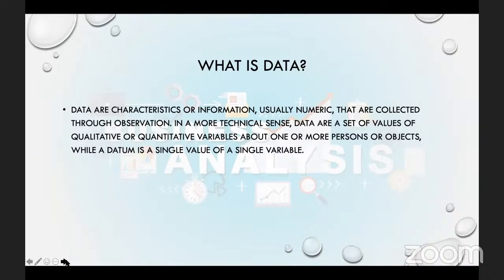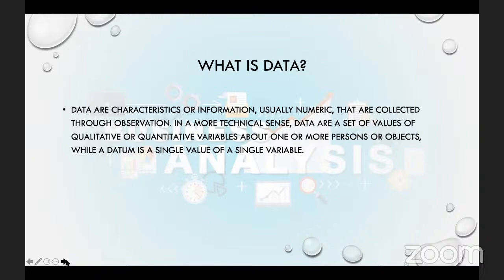What is data then? Data is characteristics or information, usually numeric, that are collected through observation. In a more technical sense, data are a set of values of qualitative or quantitative variables about one or more persons or objects, while a datum is a single value of a single variable.